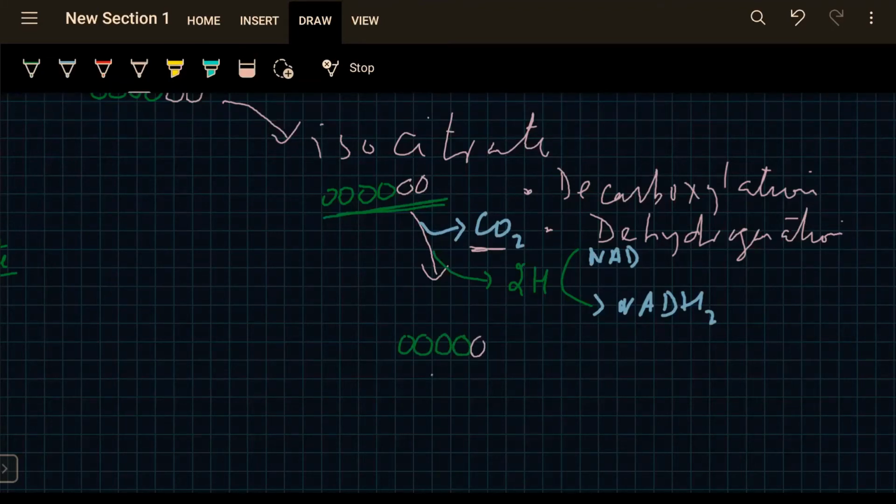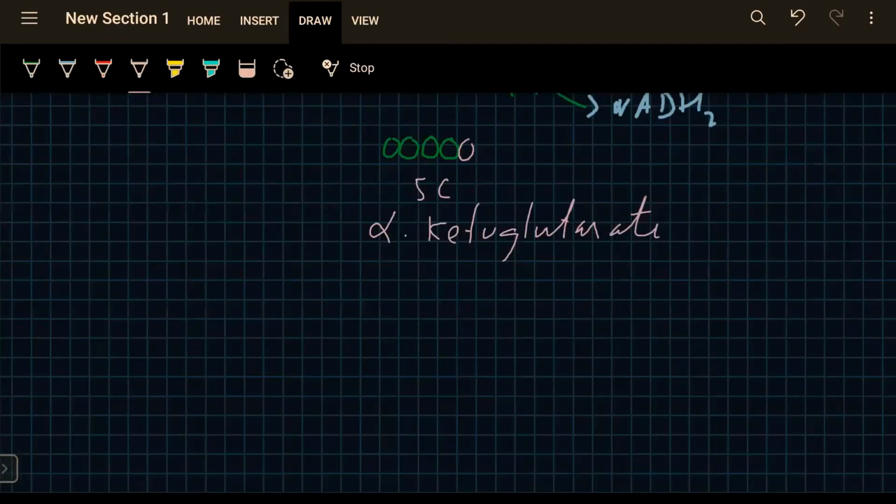This 5-carbon molecule is known as alpha ketoglutarate. This alpha ketoglutarate again undergoes decarboxylation and dehydrogenation.